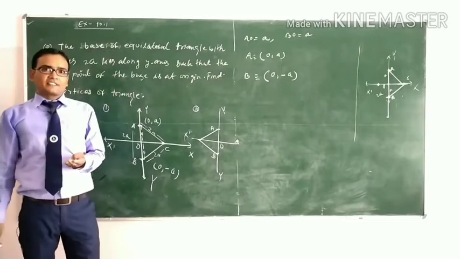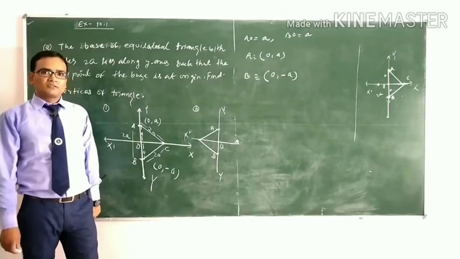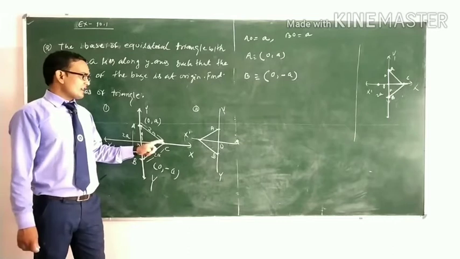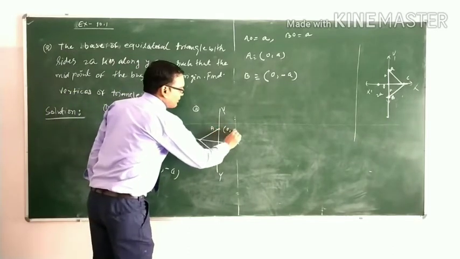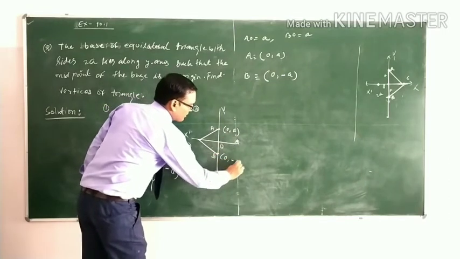Our next target is to find the coordinate of point C. Here also coordinate of A is 0 comma a and coordinate of B is 0 comma minus a.